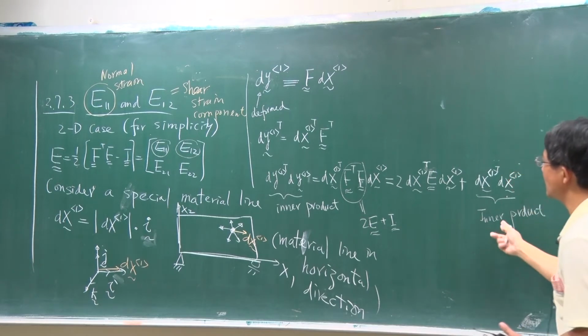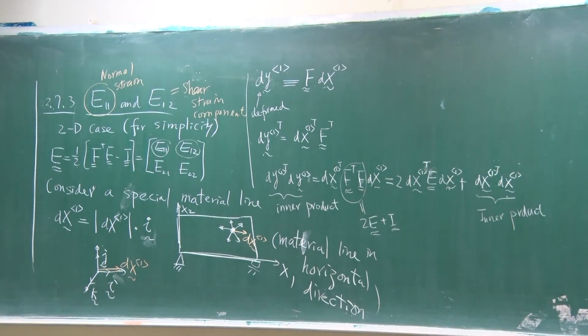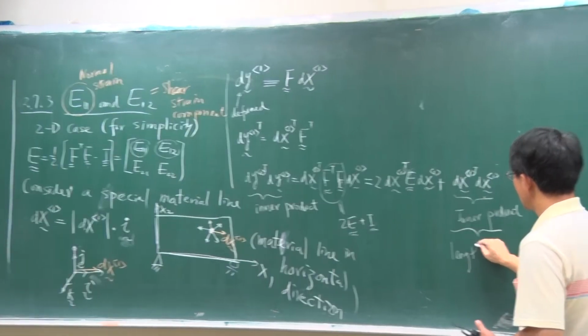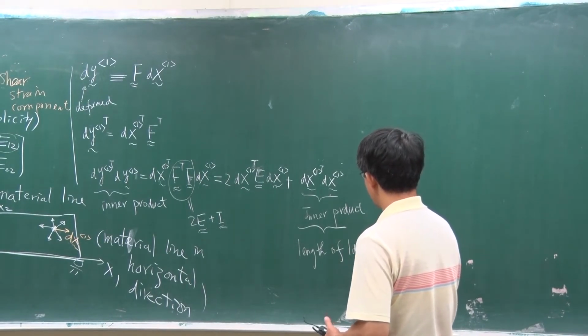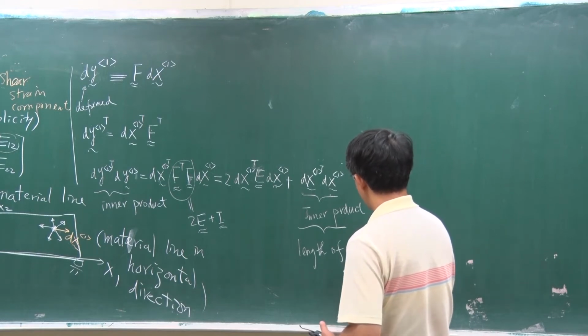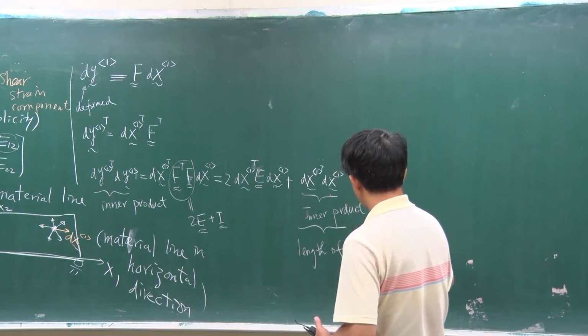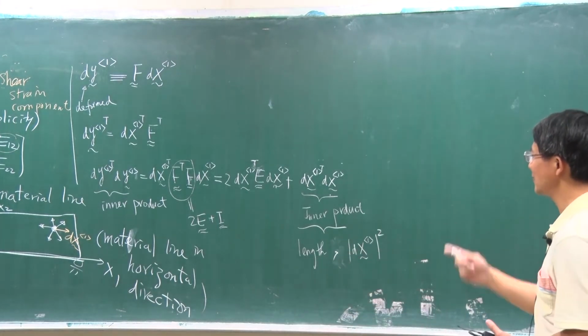这个是内积嘛，这个乘这个乘这个就变这个。Okay, and then as we mentioned before, the inner product has the physical meaning of the length of the material line. The material line of this, but squared.